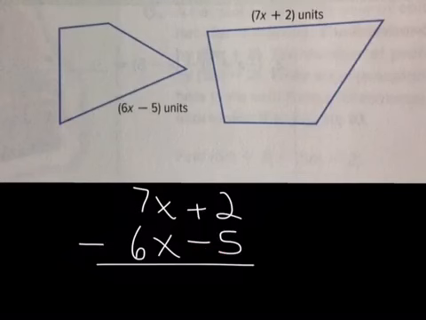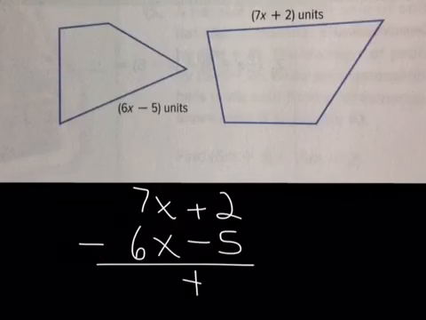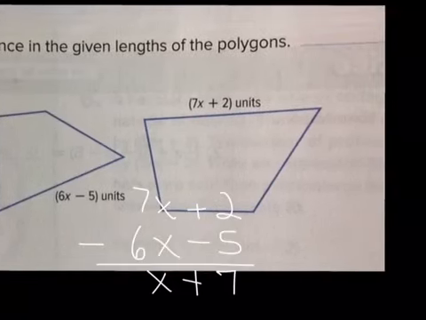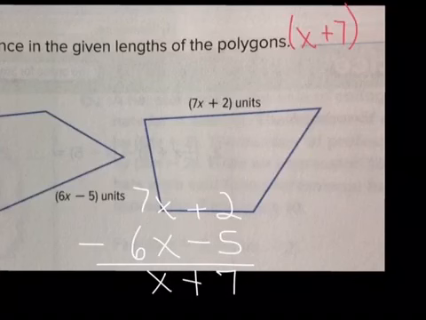Remember, negative is going to be adding, so 2 minus 5 is going to be 2 plus 5 equals a positive 7, right? And then 7x minus 6x is going to be 1x, or just simply x, okay? So my answer, right here at the top, with red, I'm going to write it as x plus 7, and I'm not sure what the units are, so we just write the word units.